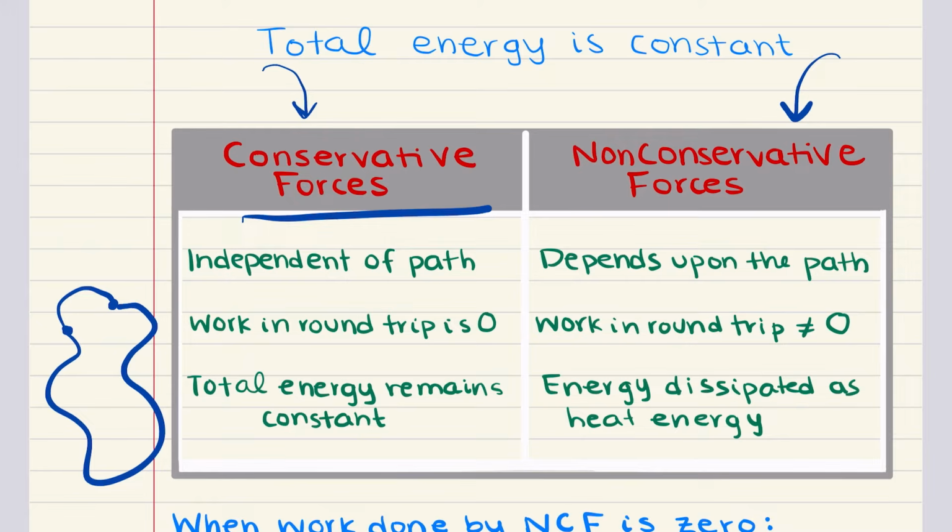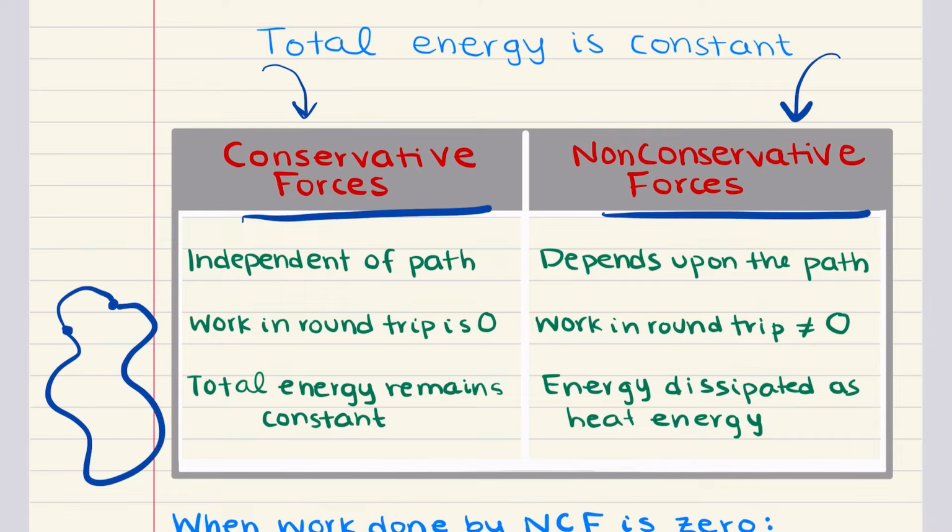Non-conservative forces, on the other hand, cause a loss of mechanical energy from the system. Forces such as friction, air resistance, and drag all fall into this category. The work done by non-conservative forces depends on the path taken, and it often results in the transformation of mechanical energy into other forms such as thermal energy.